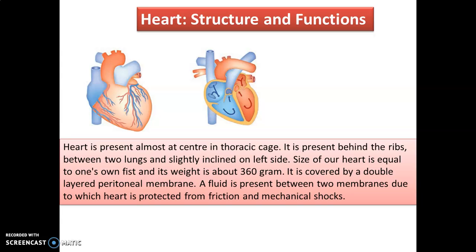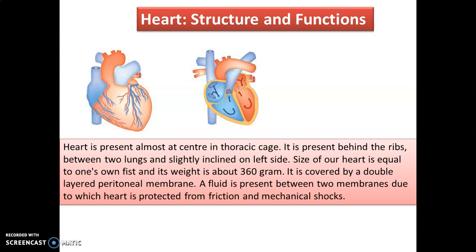Inclined means slightly shifted. The size of our heart is equal to one's own fist and it weighs about 360 grams. If you take your fist, our heart is of that same size.